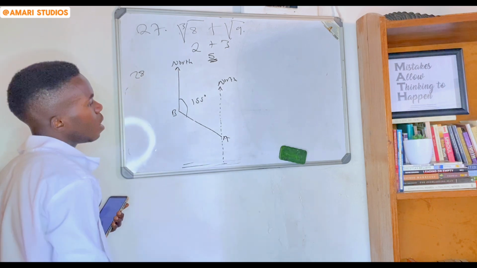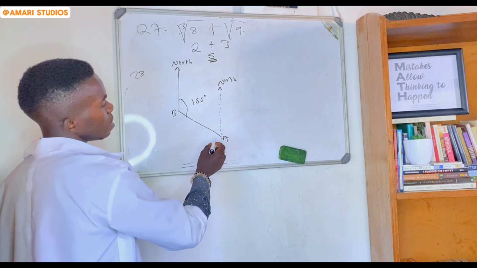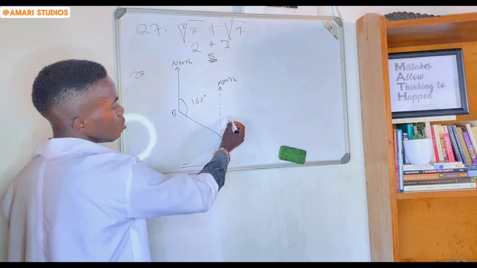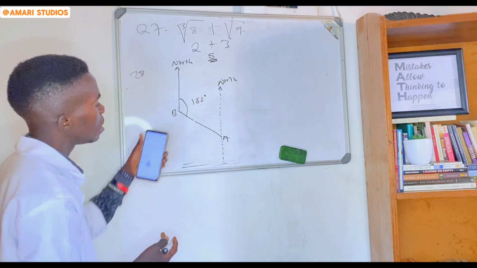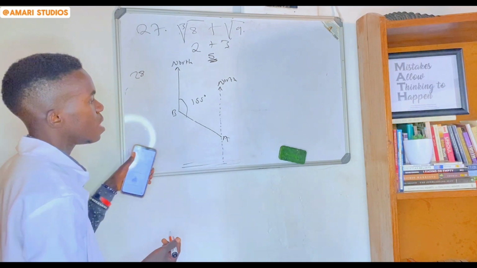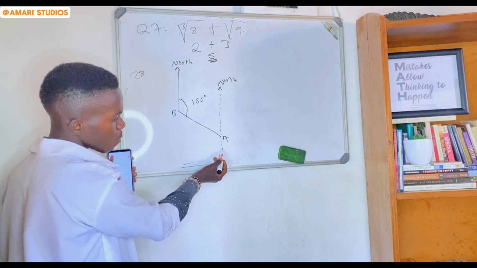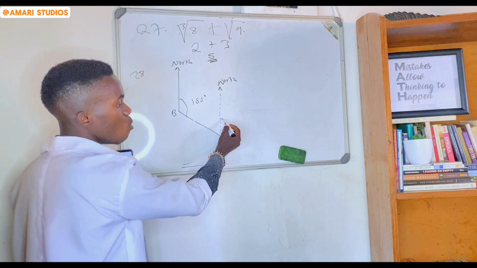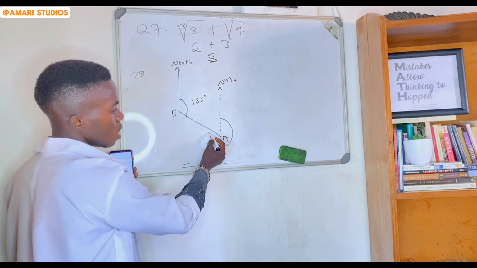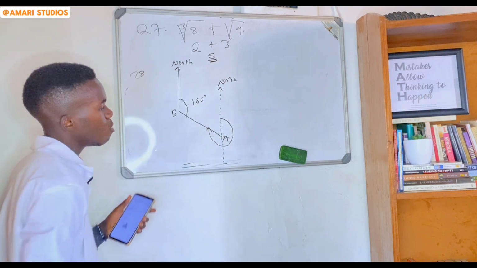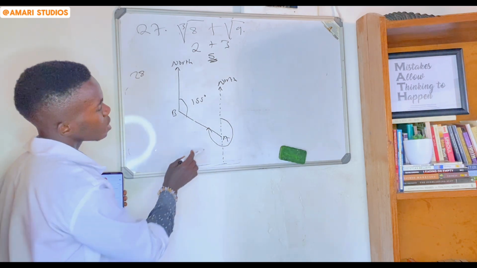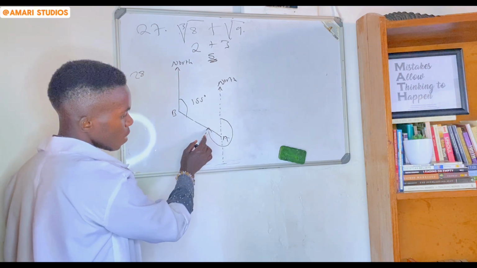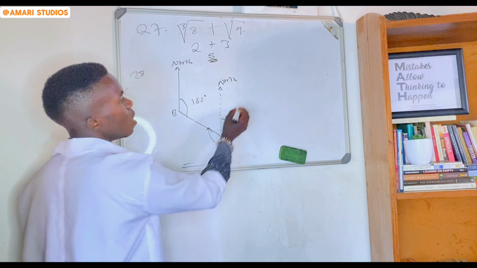Now we move a distance from the northing until we reach the line connecting B and A. Instead of starting from down here, you start from up there, and then you move clockwise. Now we are supposed to find the distance that we have moved from this point to that point. This is the bearing of B from A.